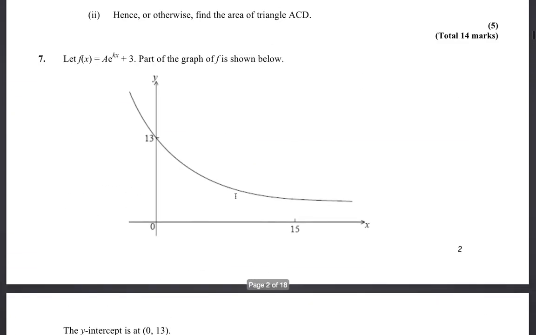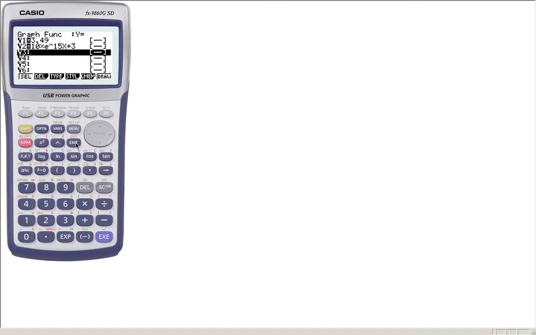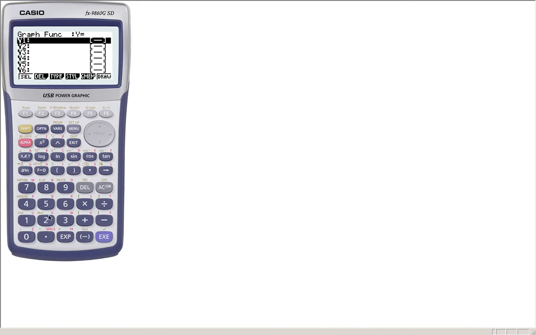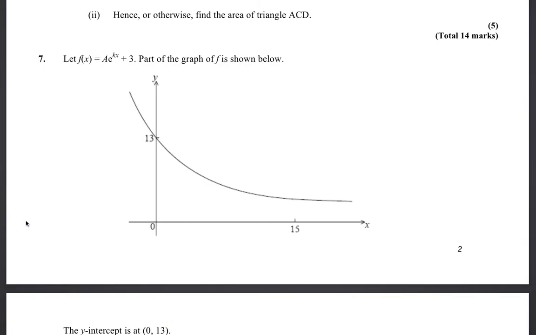So what I'm going to do is I'm going to draw this graph in the calculator. So exit, delete this as well. So the first function is a e power kx plus 3. So which is nothing but 10 times e power, sorry, it is kx, not 15.